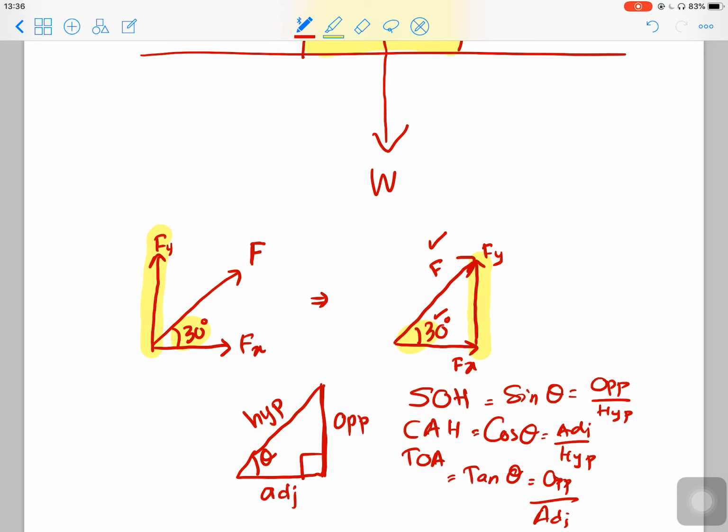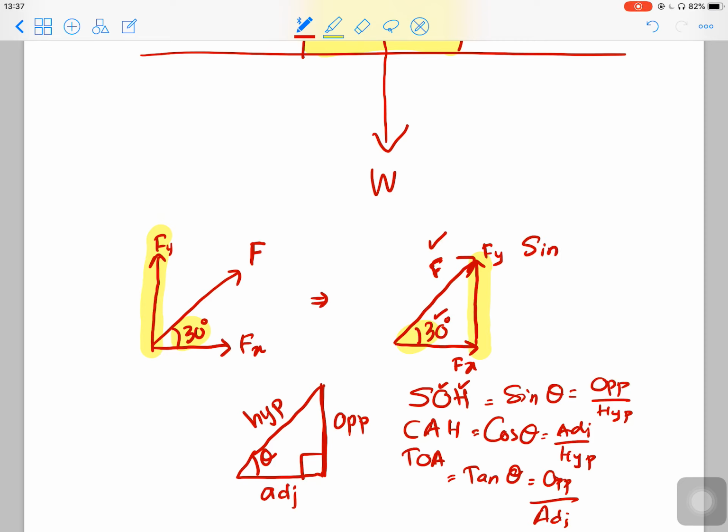So in this case, you are given theta is 30 degrees. You have the hypotenuse. Let's say we want to find the value of Fy. So we can just key in the values, all right? We want to find the opposite. Fy is the opposite. Capital F is the hypotenuse. And you are given the hypotenuse. So opposite over hypotenuse, we can use sine theta.